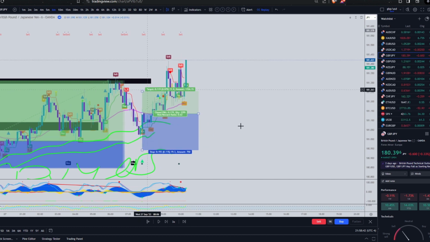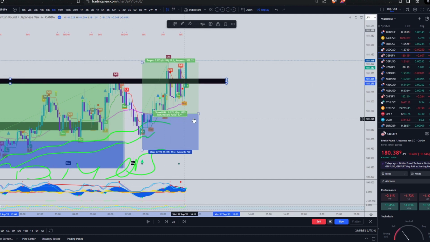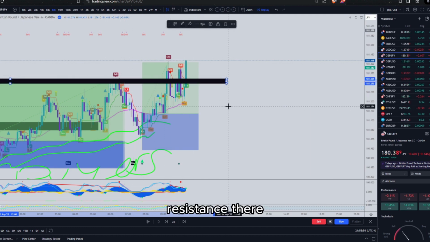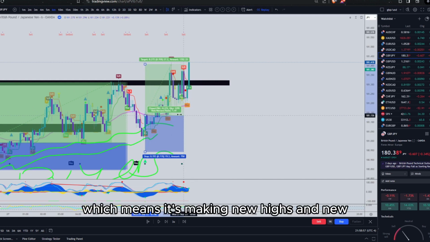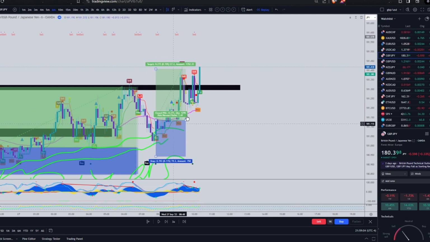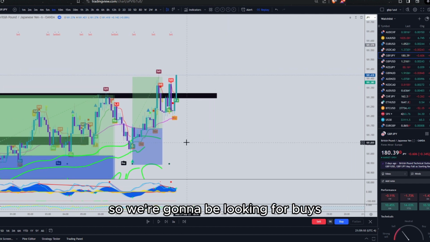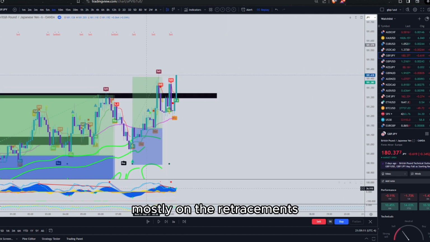Yep. Easily, and it broke through our resistance there, which means it's making new highs and new higher lows. It's probably an uptrend, so we're going to be looking for buys mostly on the retracements.